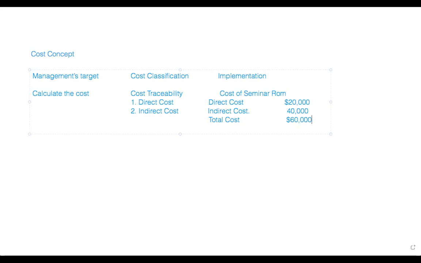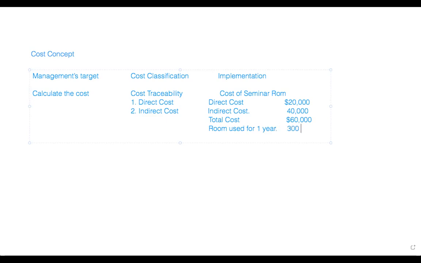For example, the seminar room is effectively used for 300 days in 1 year.